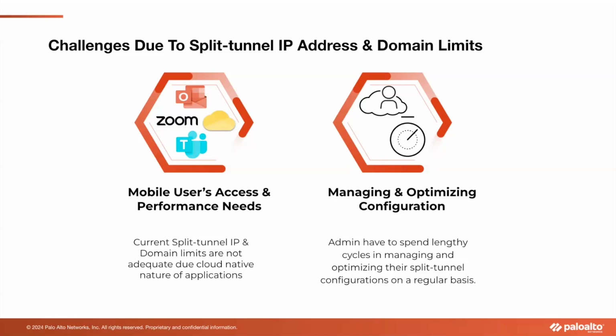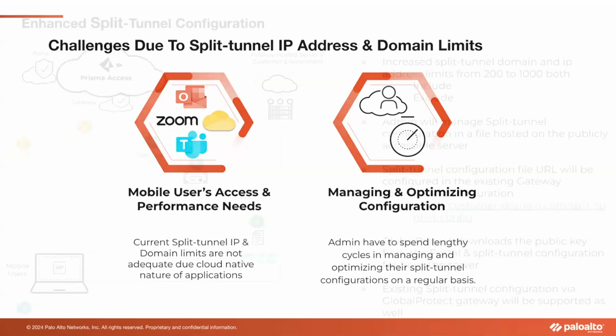So we have some enhancements as part of the enhanced split tunnel configuration. With this, the existing limit on the IP addresses and domains will be increased to 1,000 from the current limit of 200.